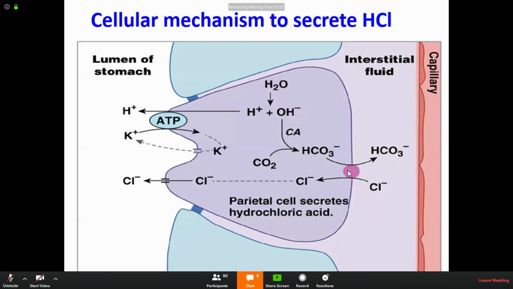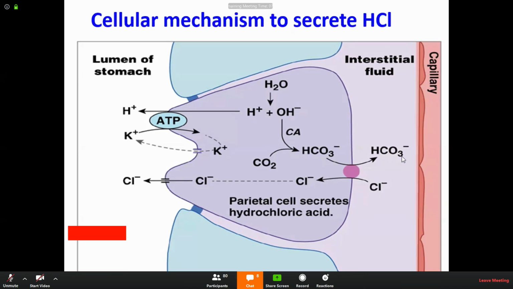So chloride from the interstitial fluid goes to the parietal cells, then from the parietal cells it passively goes to the canaliculi of the parietal cells. And this bicarbonate ion goes to the interstitial fluid, then it goes to the blood.